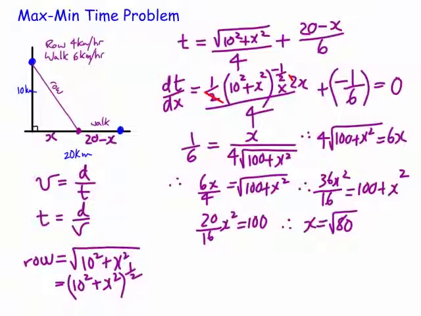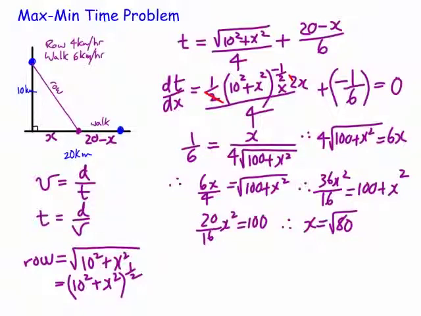Now, we actually want to find out the minimum time. So is this a maximum or minimum? We should actually verify this, but I'm not going to verify it in this situation. How would you verify that that's a minimum time?